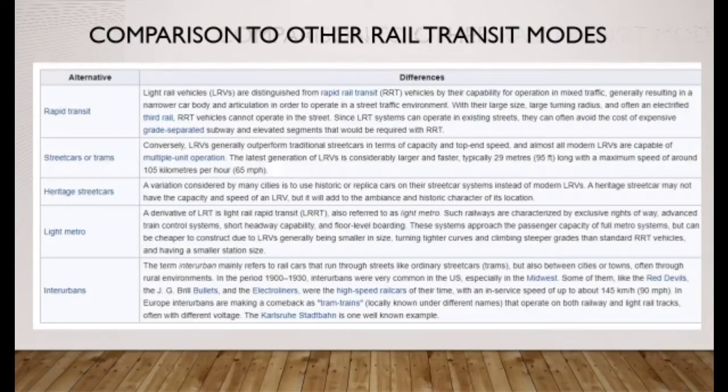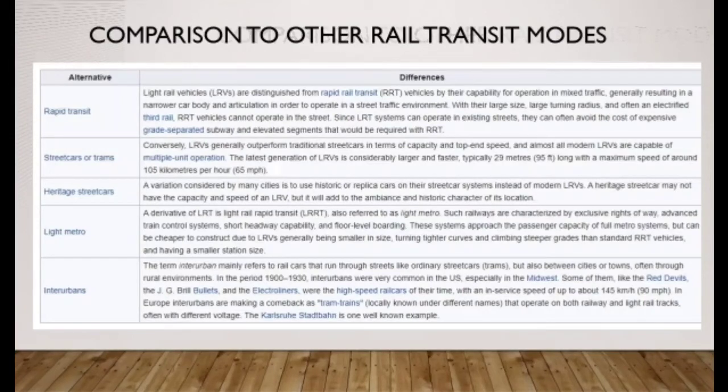Next we have the light metro. A derivative of LRT is light rail rapid transit, which is LRRT, also referred to as light metro. Such railways are characterized by exclusive rights of way, advanced train control systems, short headway capabilities, and floor level boarding.